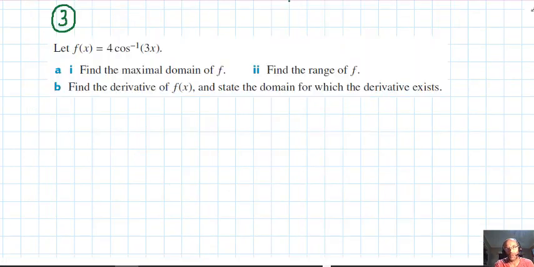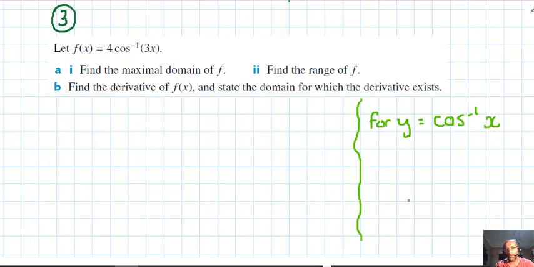Third and final example, something a little bit different. We're given a function, 4 inverse cos 3x, and we've got to find the maximal domain of the function. Then we've got to find the range of the function, correspondingly find the derivative of the function, and state the domain for which the derivative exists.